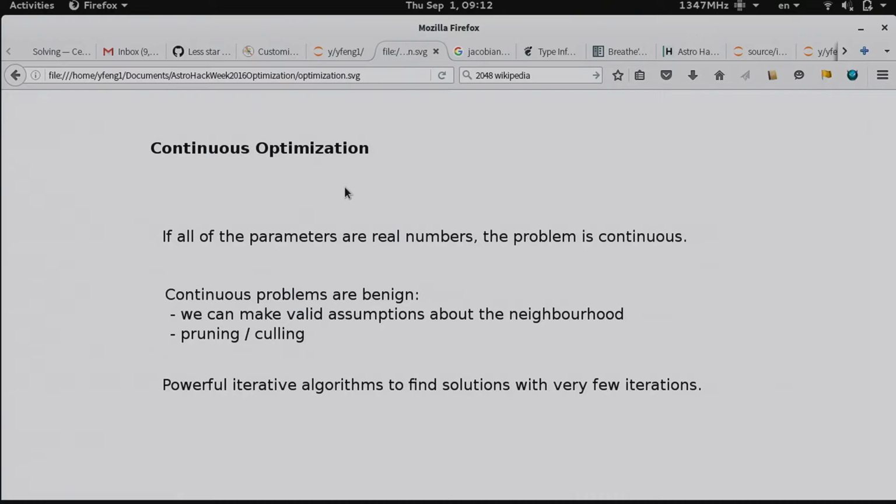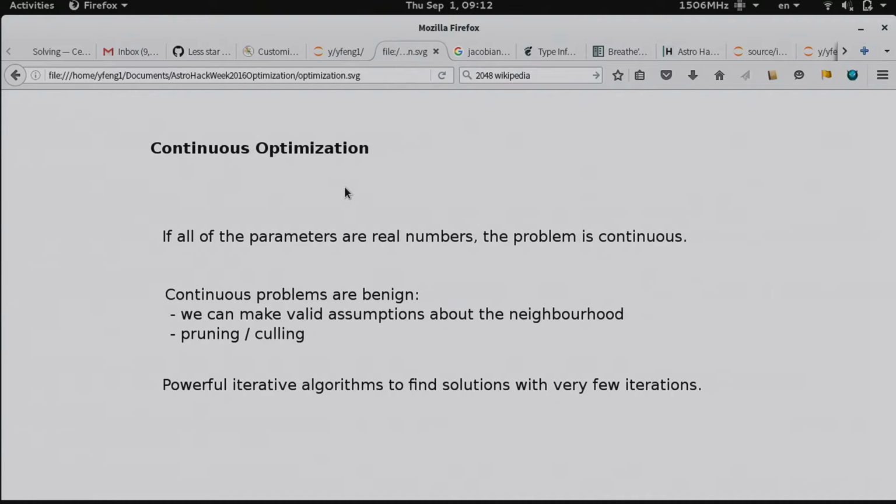But because the objective function is defined on a continuous domain, we can actually make some assumptions about the neighborhood of any point or any region we've already explored, right? Because we have Taylor's theorem, and we can expand the function. We have the gradient, we have the Hessian. We can make some very useful predictions.